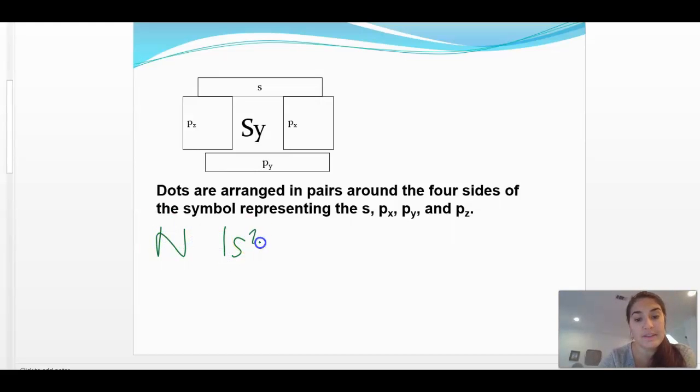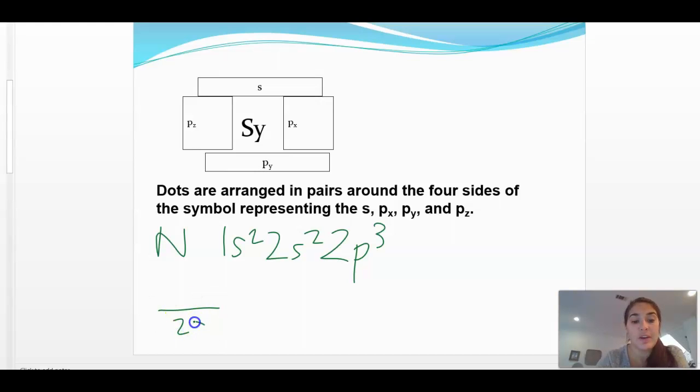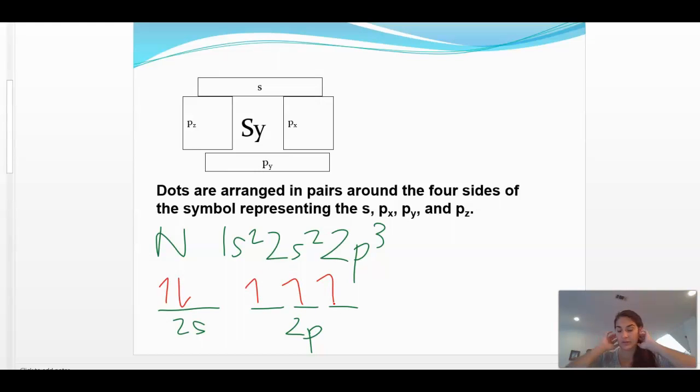Nitrogen is 1s2, 2s2, 2p3. Okay, so when we think about its valence electrons, we have 2s, 1, 2, and 2p, 1, 2, 3, right? 5 valence electrons for nitrogen.